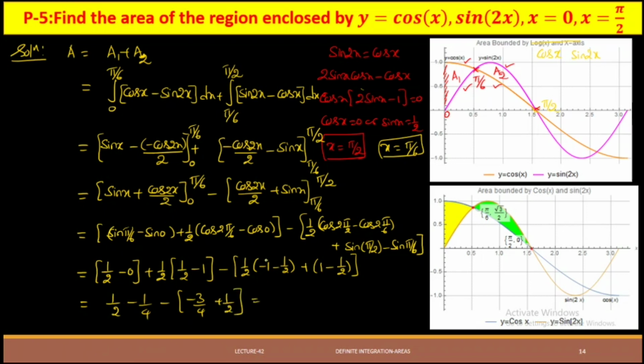So 1 by 2 minus 1 by 4 is 1 by 4, minus 3 by 4 plus half is minus 1 by 4. So that is equal to 1 by 4 plus 1 by 4, which equals 1 by 2. So this is equal to half, 0.5 square units. This is the area of the shaded region. Hope you have understood this problem.